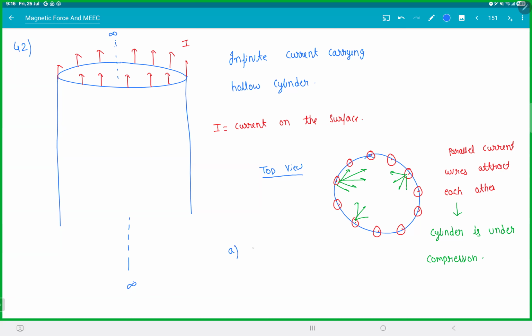So the first question: find the magnetic field as a function of x, where x is the distance from the axis. Find the magnetic field inside and outside. Second, find the magnetic pressure on the surface. Just like we have electrostatic pressure due to electrostatic charge repulsion, here there's a magnetic attraction.